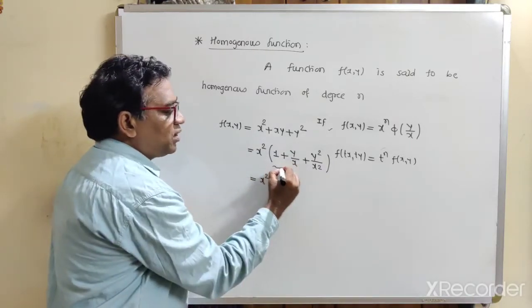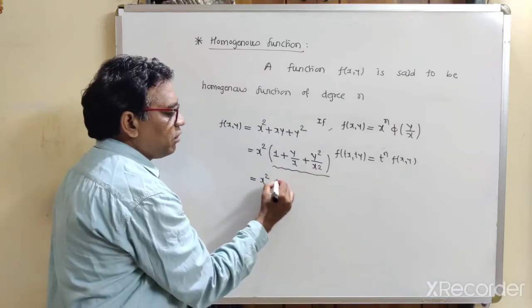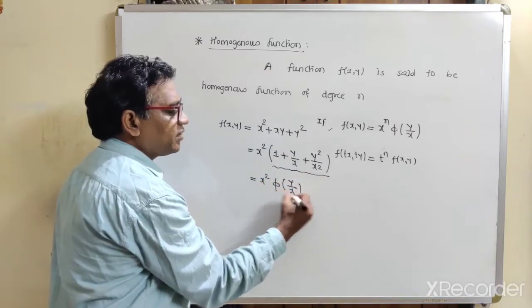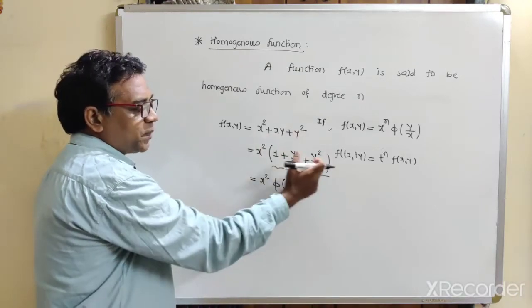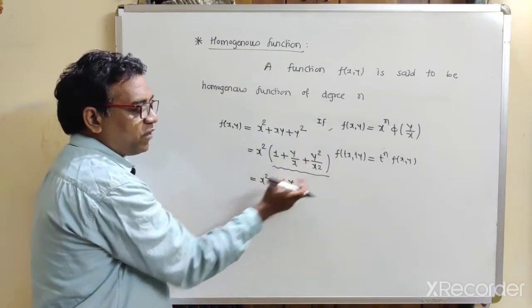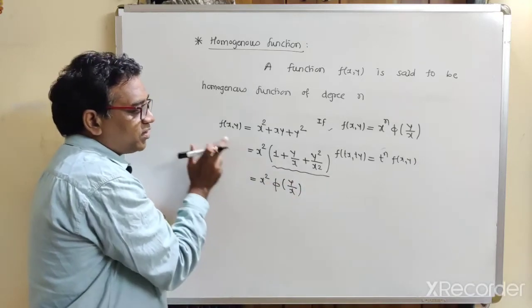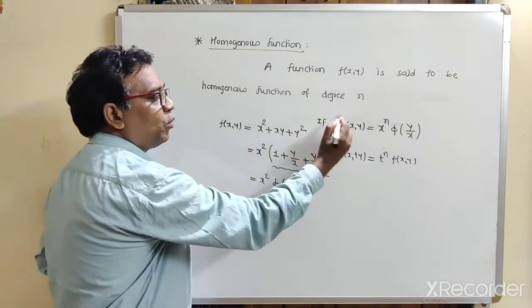So this total expression is nothing but a function of y upon x. So this is exactly the definition of homogeneous function.